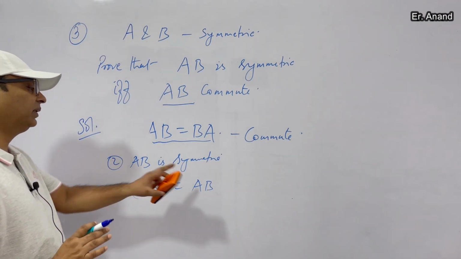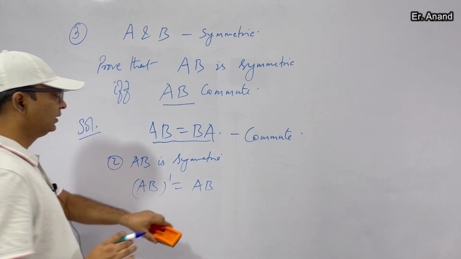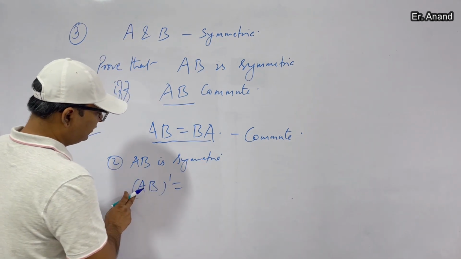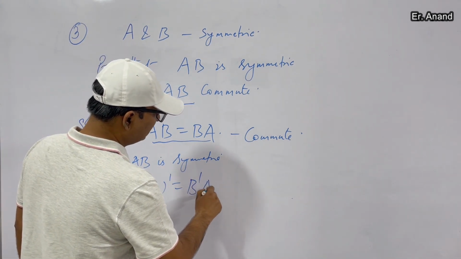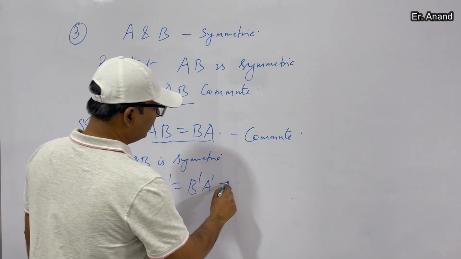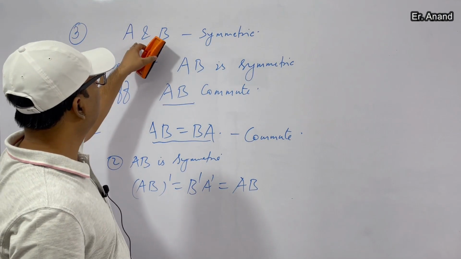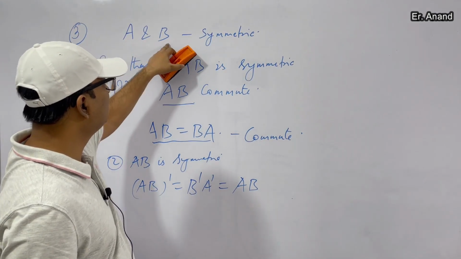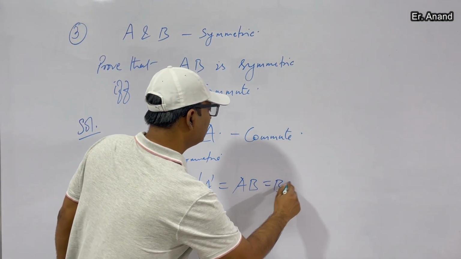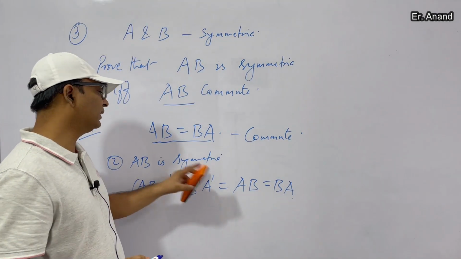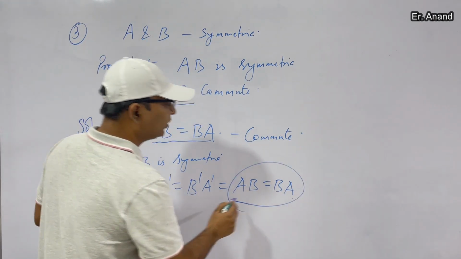But we know that (AB) dash is B dash A dash, and we are saying this is equal to AB. But A and B are symmetric, A equal to A dash, B equal to B dash. So this is BA. Therefore, if we take AB as symmetric, they commute also.